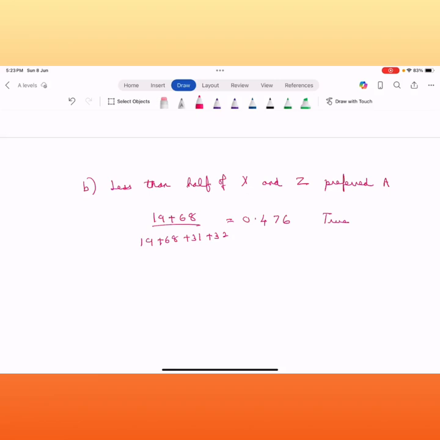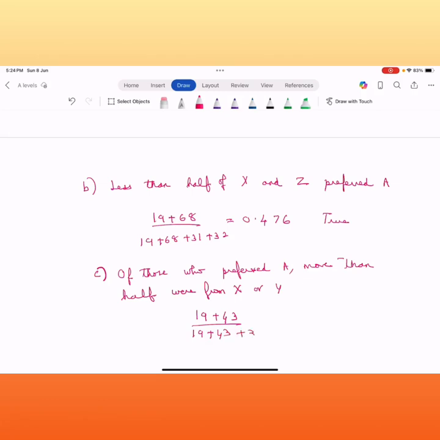Now going to the next question, that is C. Of those who preferred A, more than half were from X or Y. If you look at the table, the number of people who preferred A from X or Y will be 19 plus 43, divided by 19 plus 43 plus 31 plus 32, and that would give you 0.476.